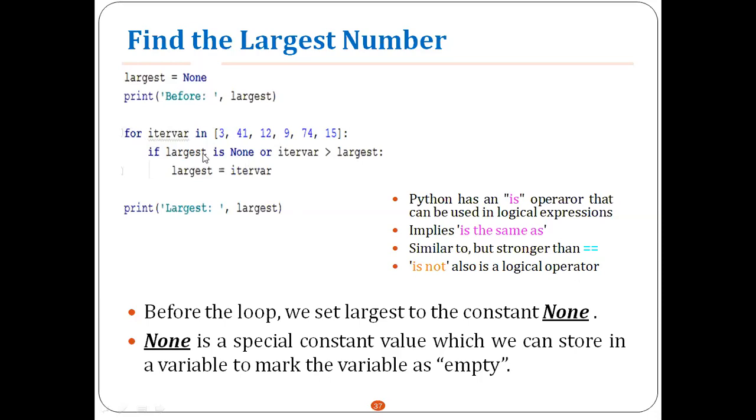It is very similar to comparing the largest element with the given element, whether it is equal to or greater than the largest. Instead of double equal to, we are using is, that is, is it equal to None, right?